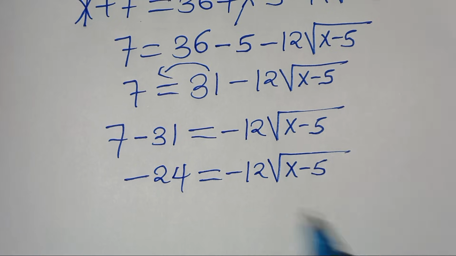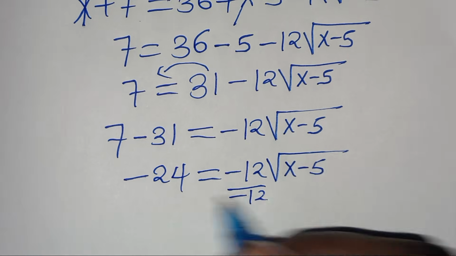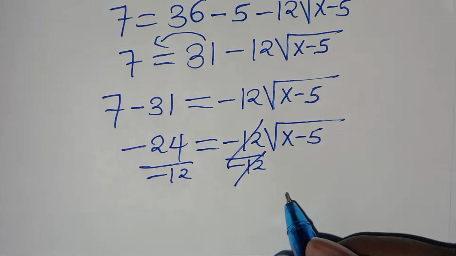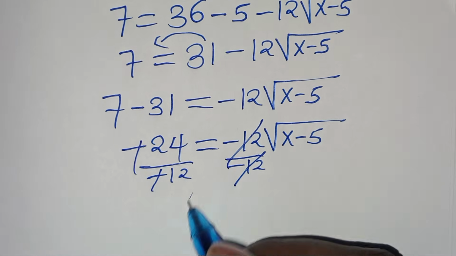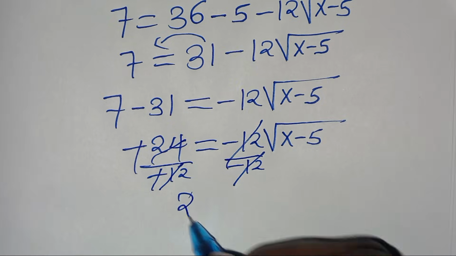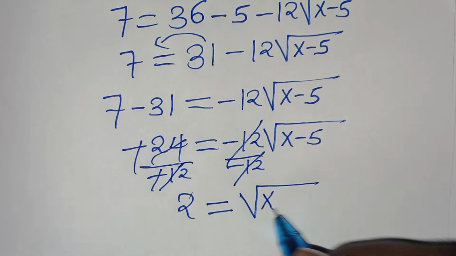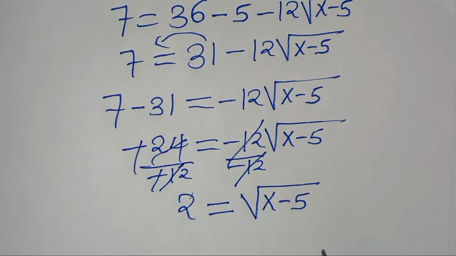Now, let's divide both sides by negative 12, so that negative 12 simplifies, and we have 24 divided by 12, which is equal to 2. So we have 2 equal to the square root of x minus 5.